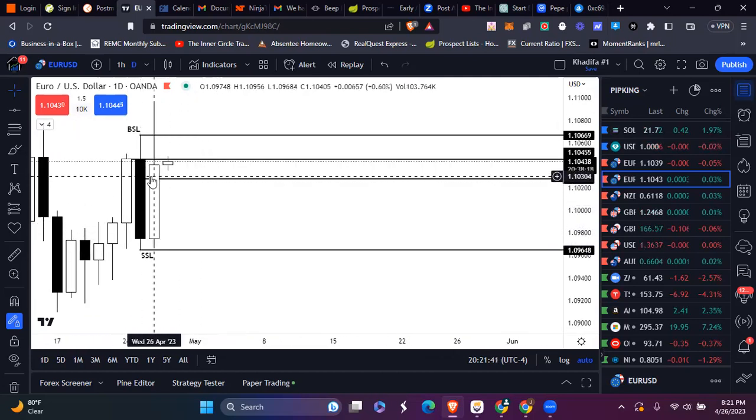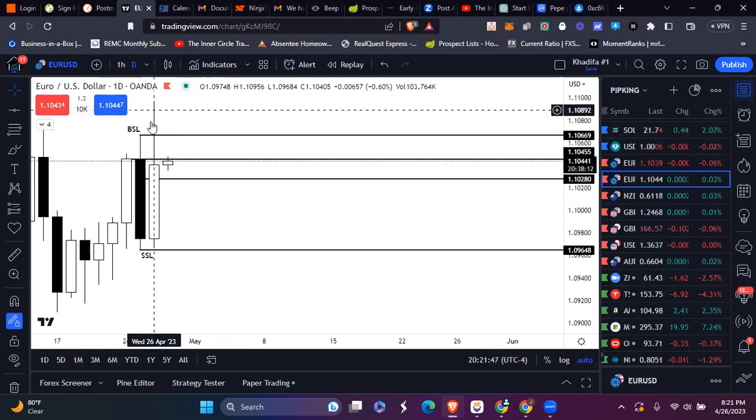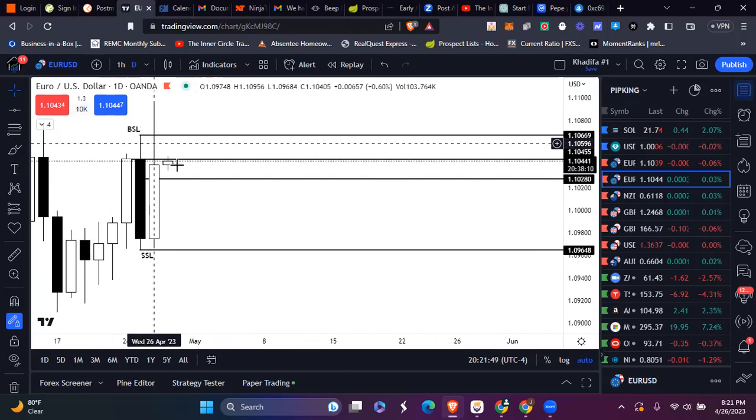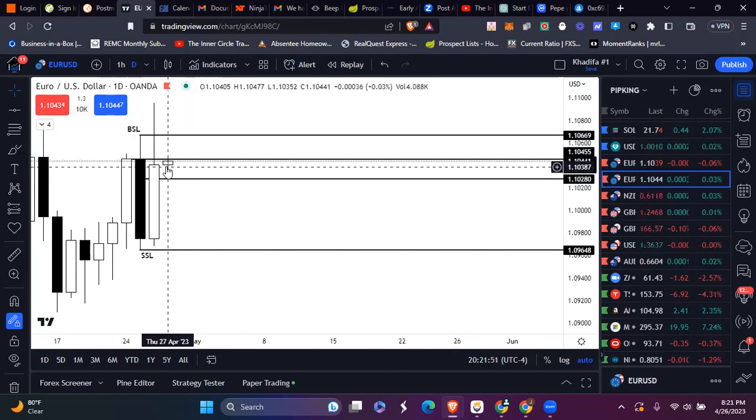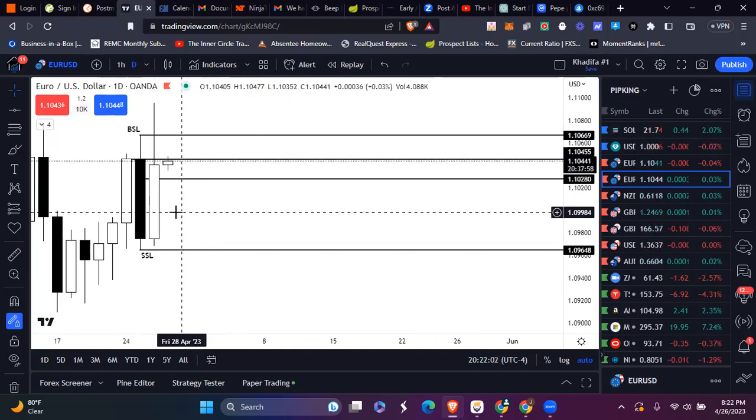So we were expecting us to pull back up into today's premium array. And we did run yesterday's buy side liquidity, and price did close below yesterday's upper PD level.